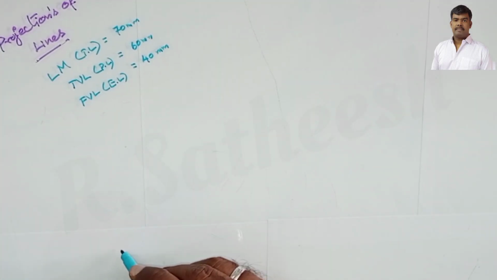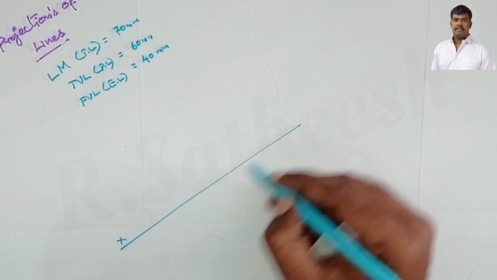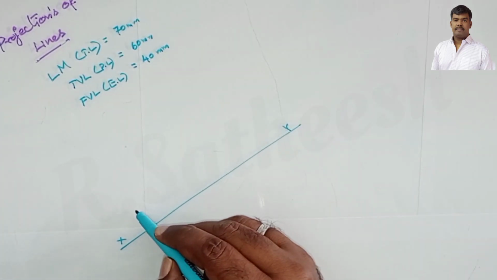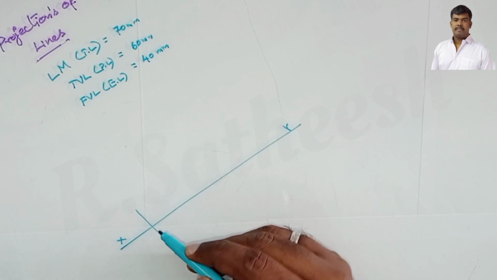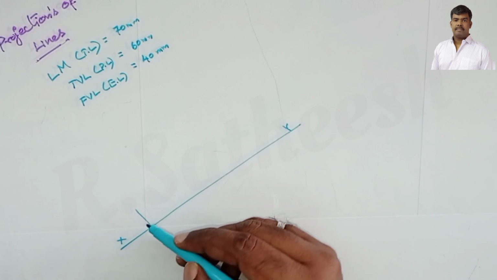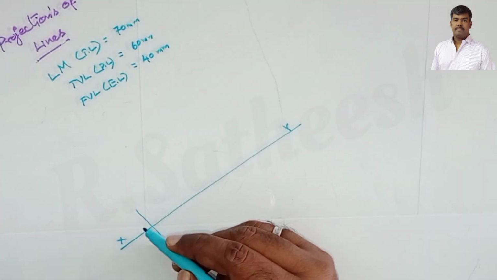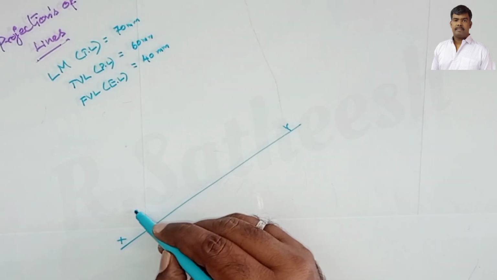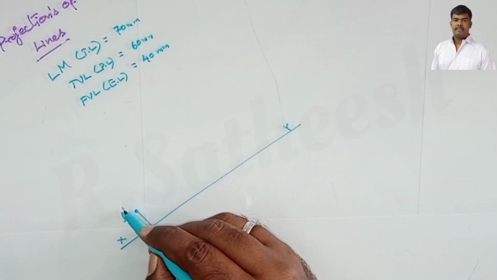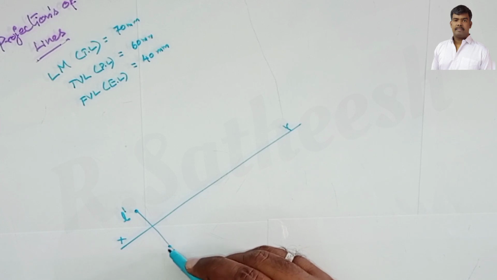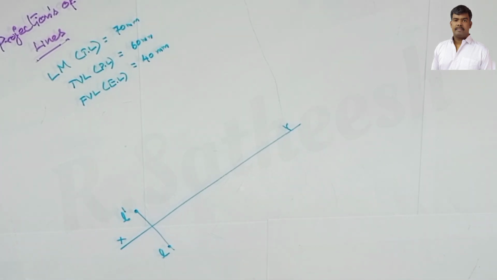First you draw one XY reference line, then you draw one line perpendicular to XY. On that line you mark the end L. 10 mm above gives L dash, and 15 mm in front gives L. Clear?